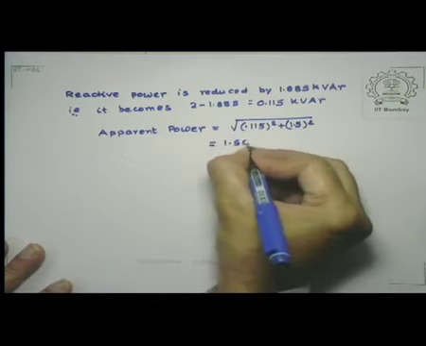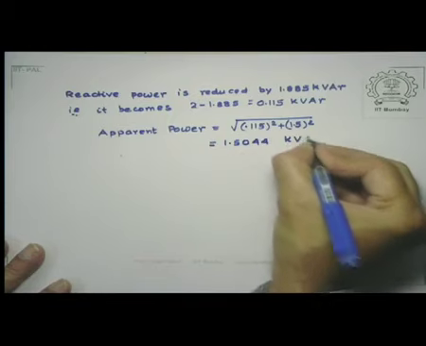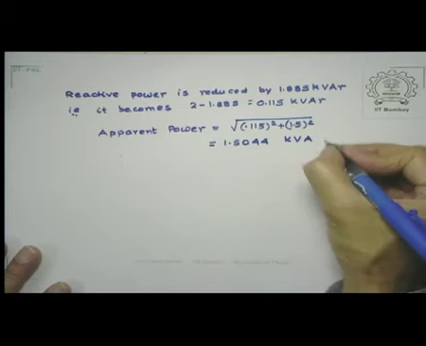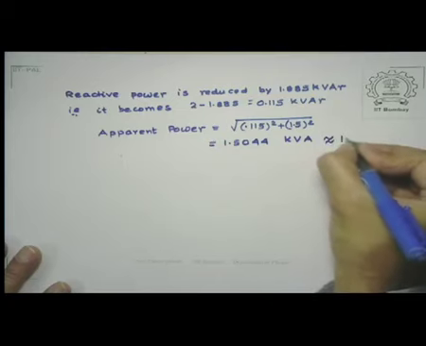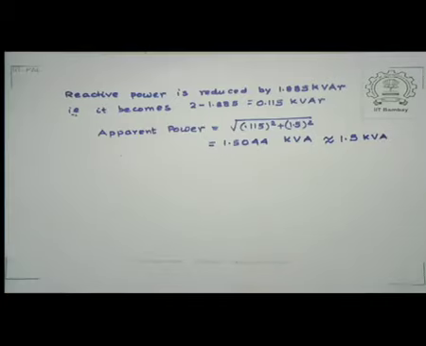Since this is an apparent power, the unit is kilovolt ampere, and this is very close to 1.5 kVA, as was the true power.